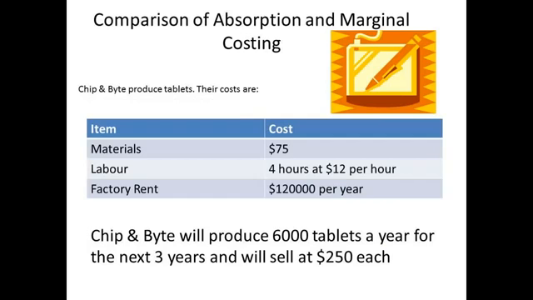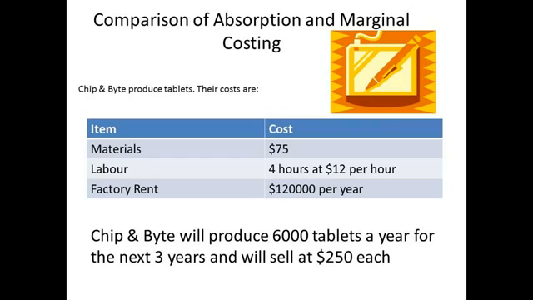Next, we want to consider a comparison of the two methods that looks at the profit calculated by each method. We will consider the production of a tablet computer by Chip and Byte. The material costs are $75 per tablet. Each tablet takes 4 hours to make, with labour costs of $12 per hour.